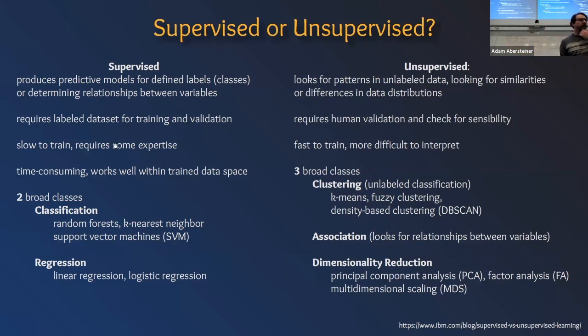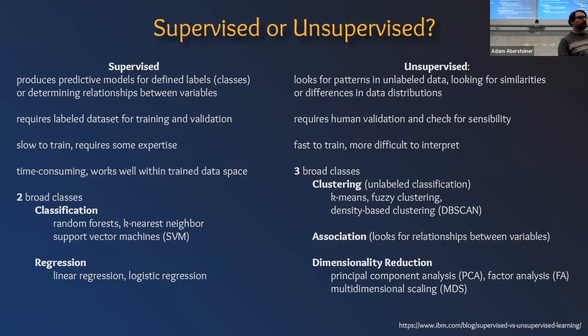So supervised learning, one of its drawbacks is it can be slow to train. It requires expertise. You have to kind of know what you're doing. If you put in the wrong training data set, then you can screw everything up and get a bogus result that doesn't mean anything. But they can work very well and are very accurate if you get good at understanding how to do this and do it properly.